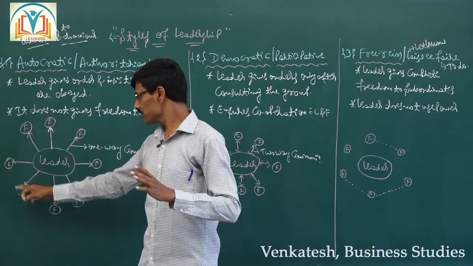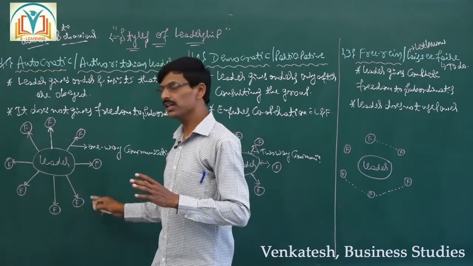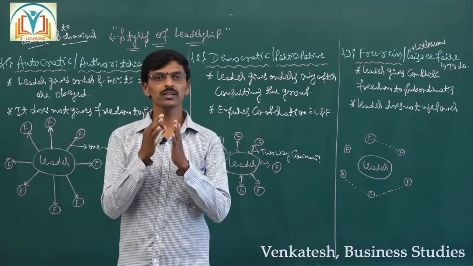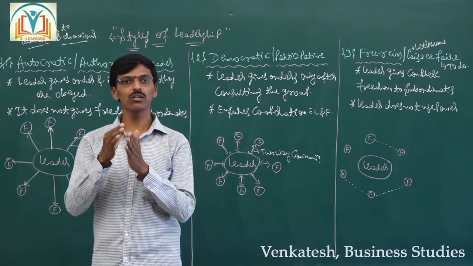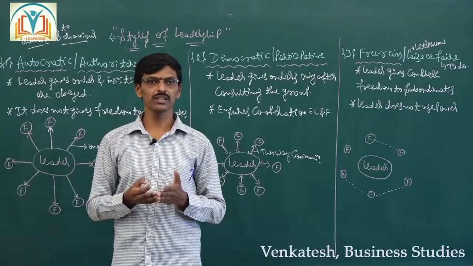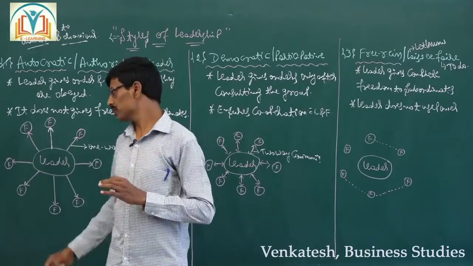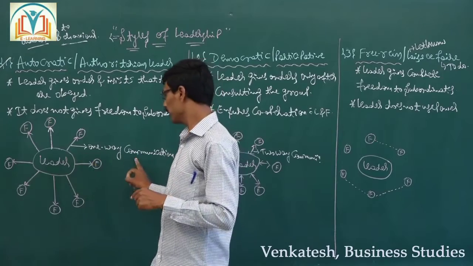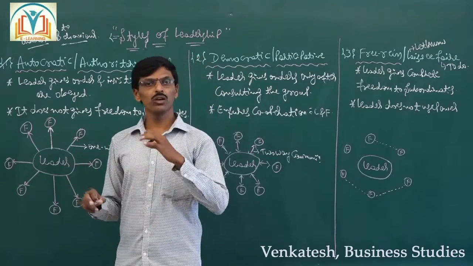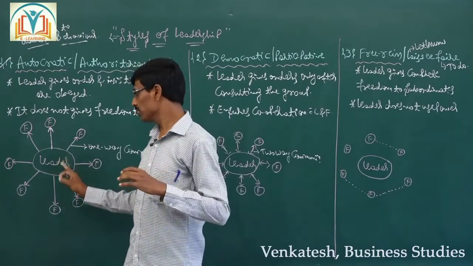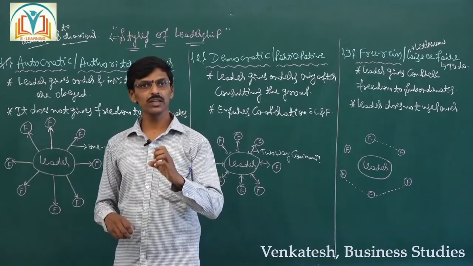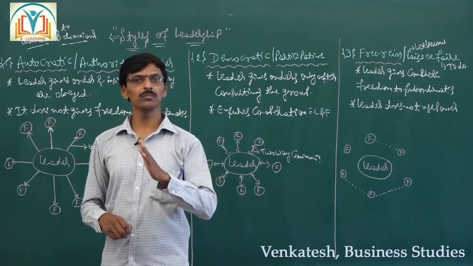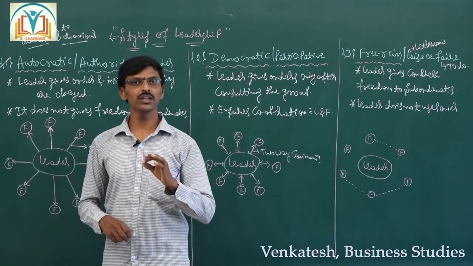But the followers or subordinates don't know why they have to perform the specific duties or work in the enterprise. Hence, we can say that there is one-way communication. Only what the superior says, what the leader says, must be followed, and that work is to be accomplished by the subordinates in a group.